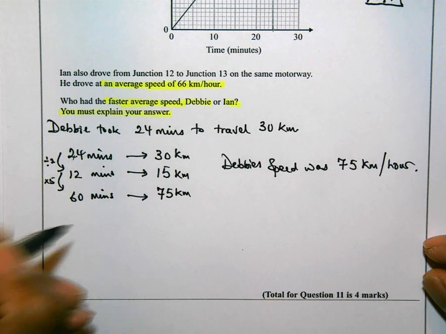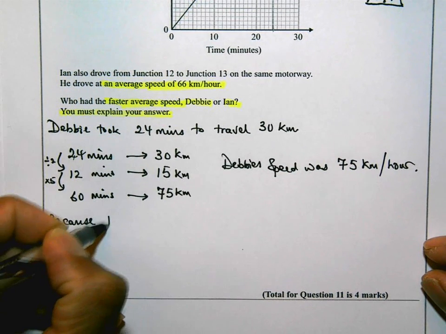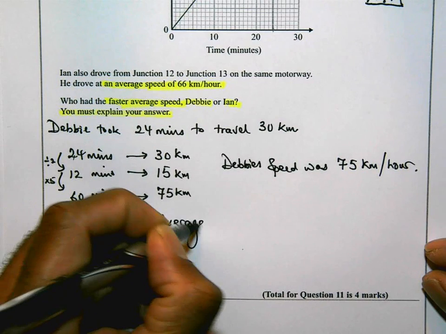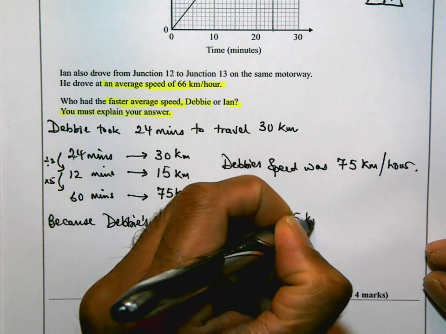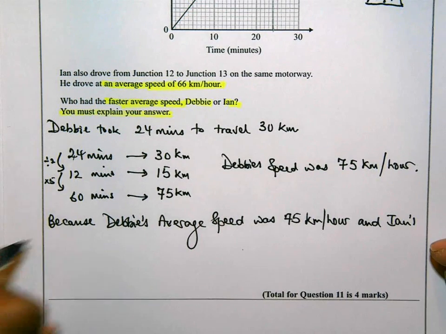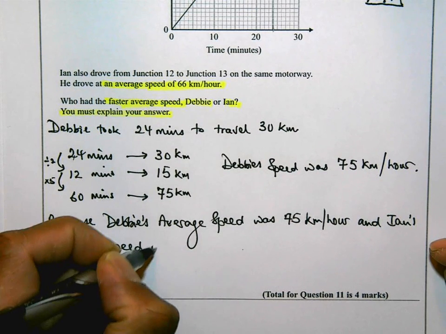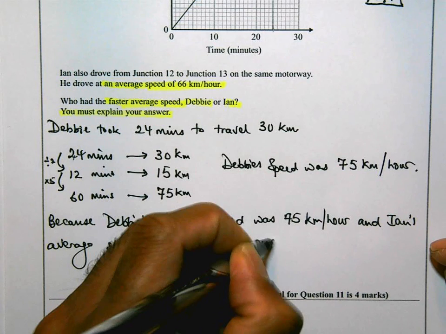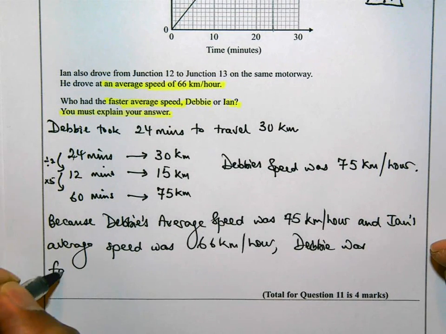Because Debbie's average speed was 75 kilometers per hour, and Ian's average speed was 66 kilometers per hour, Debbie was faster.